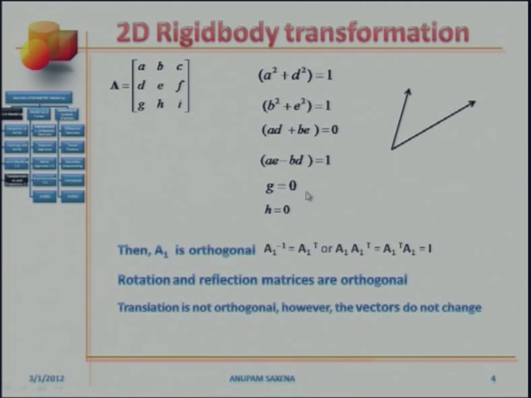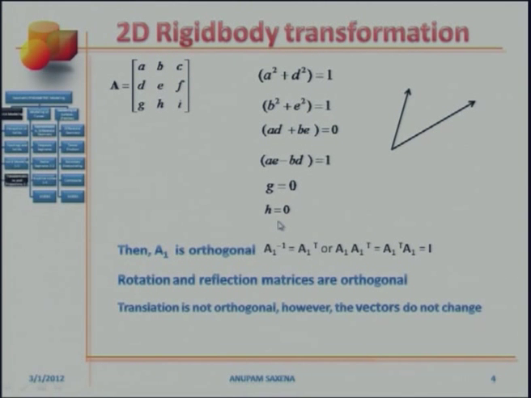Let's go back to these conditions. Once again, these four conditions relate these four elements of a generic transformation matrix A in 2 dimensions, and we have information about these two elements as well, G equals 0 and H equals 0.